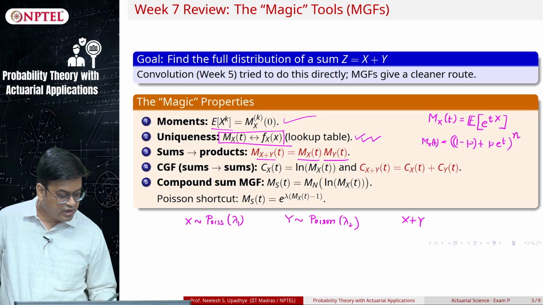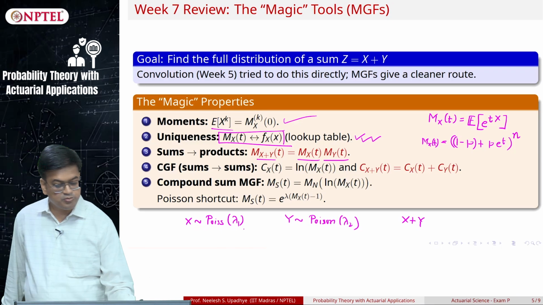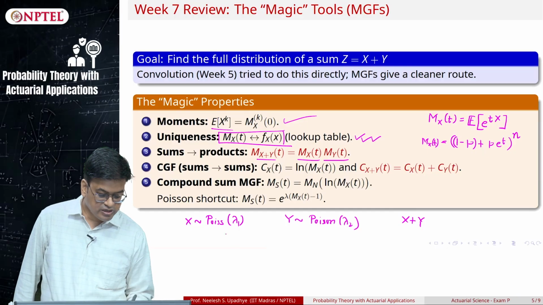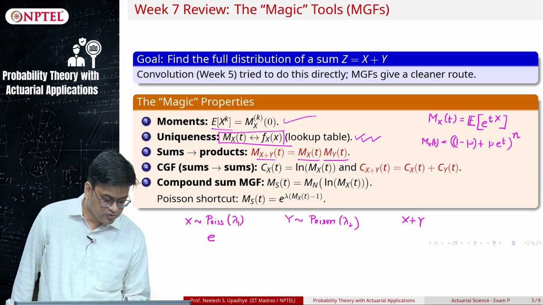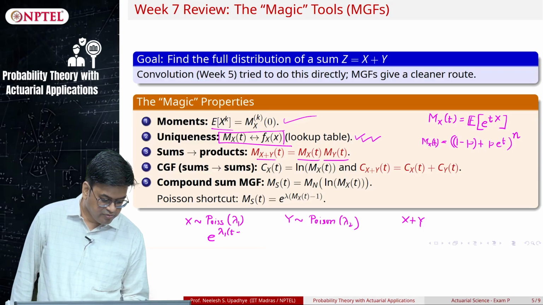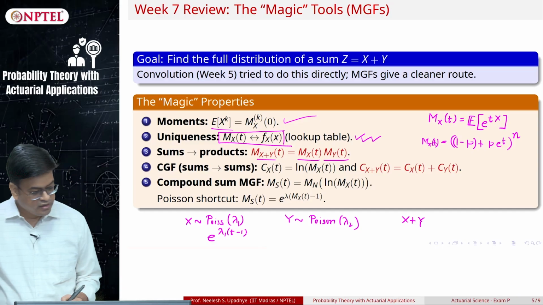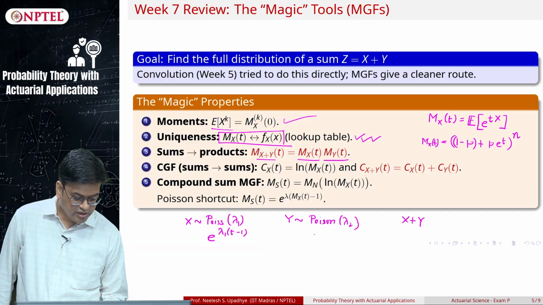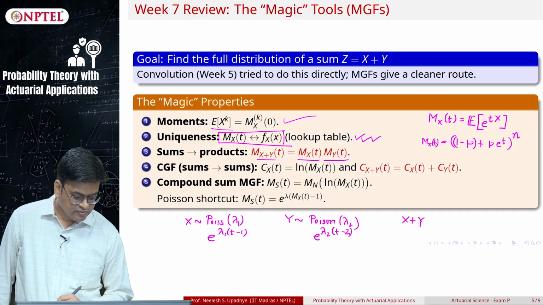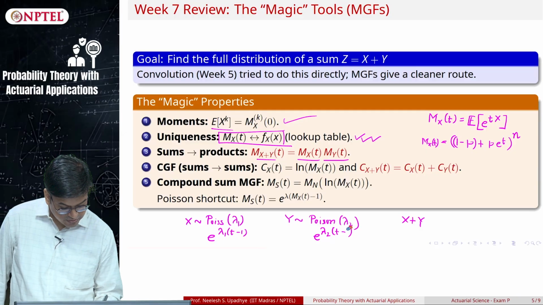How will this formula help? If x follows Poisson lambda 1, do I know what is its moment generating function? Yes, I do know. It is e raised to lambda 1 times (e^t minus 1). Okay. And if it is Poisson lambda 2, it is e raised to lambda 2 times (e^t minus 1). Sorry, e^t minus 1.